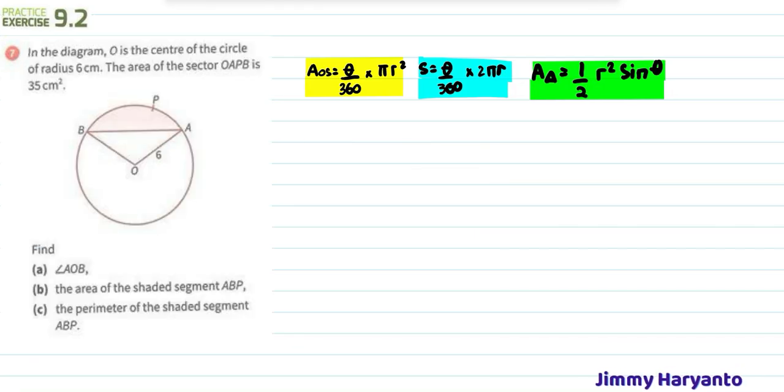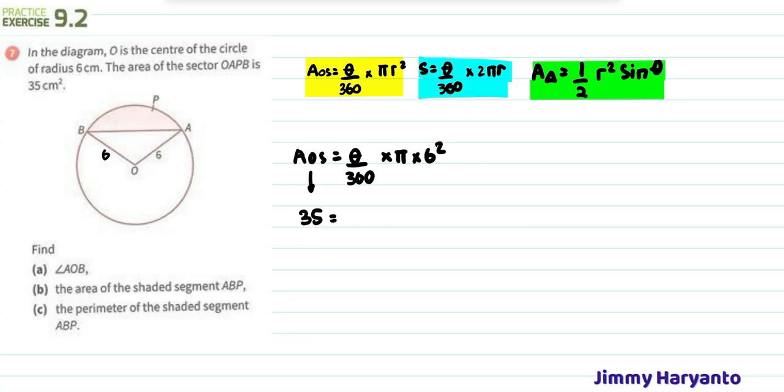Next is question 7. For question 7 we have this image. The radius is 6, so this one also 6, and the area of sector OAPB is given. That means we have to start from the area of sector. The theta is not known yet. The area is pi times 6 squared over 360 times theta, and the area of sector is given as 35.